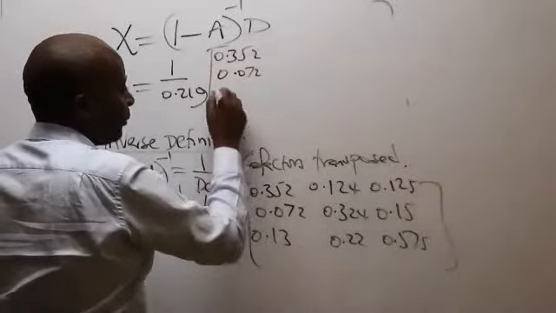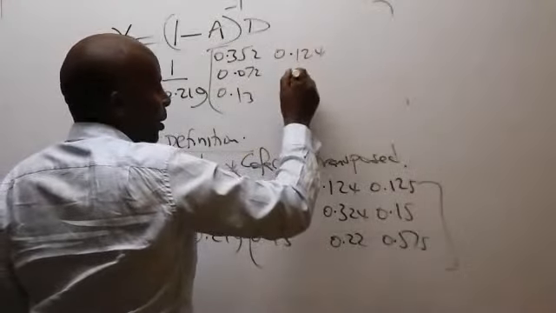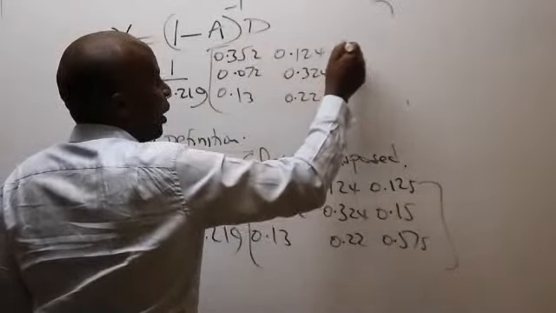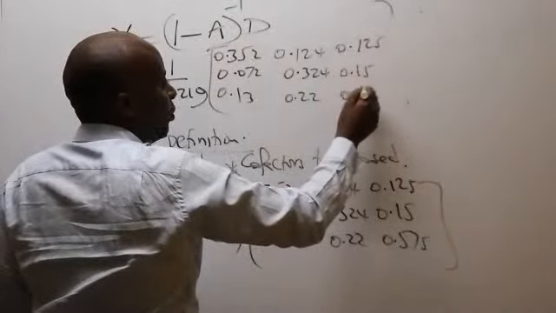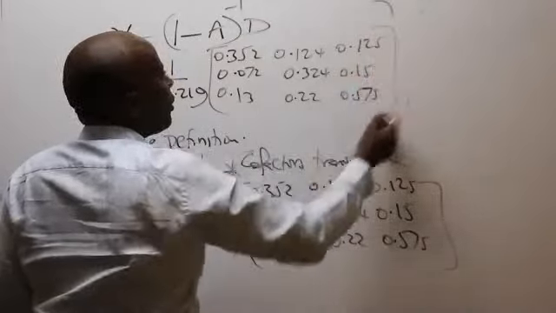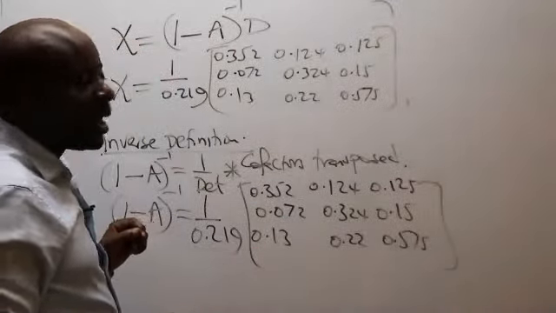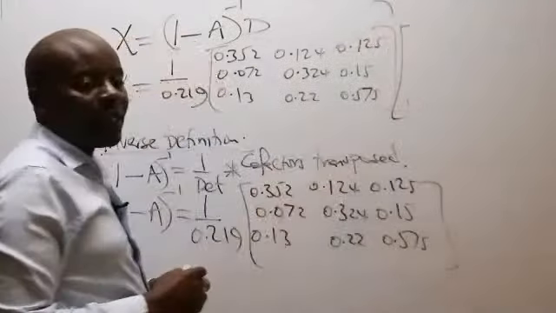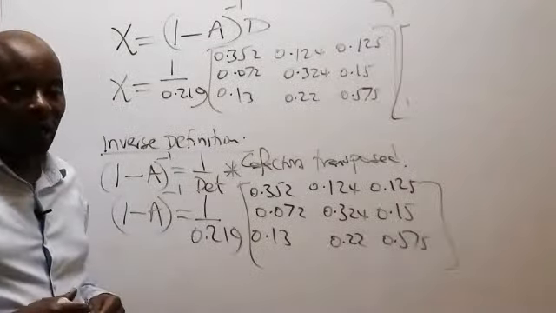Then we have 0.124, 0.324, 0.22. We have 0.125, 0.15, 0.575. So this is our (I minus A) inverse multiplied by our matrix D, the one that we gave you when we started the question, which you don't have now on the board.